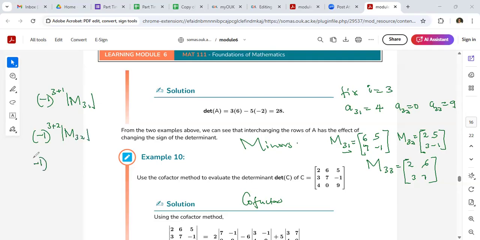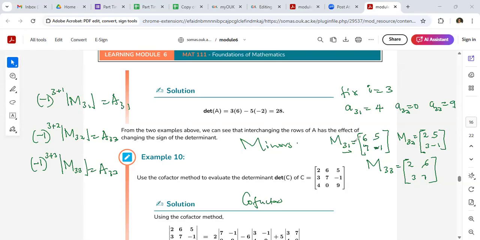Then I have negative 1 raised to power 3 plus 3, determinant of M33. So these will be our minors. This is A31, A32, A33.